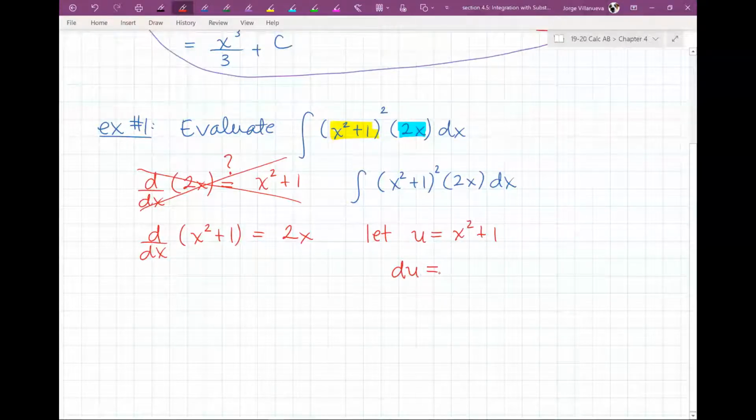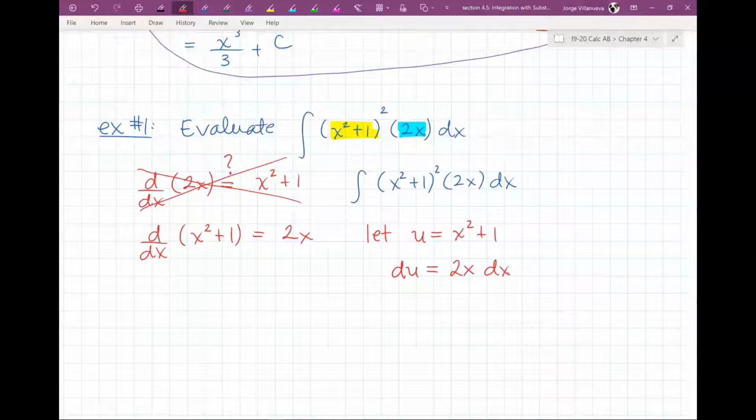That means I'm not going to write du dx. I'm just going to write du, and then the dx will be on the right side. I don't know if you guys remember doing that. That was section, I think, 3.8 or 3.9. So the derivative of x squared plus 1 is 2x dx. All right, so let u equal to x squared plus 1. So du is equal to 2x dx.